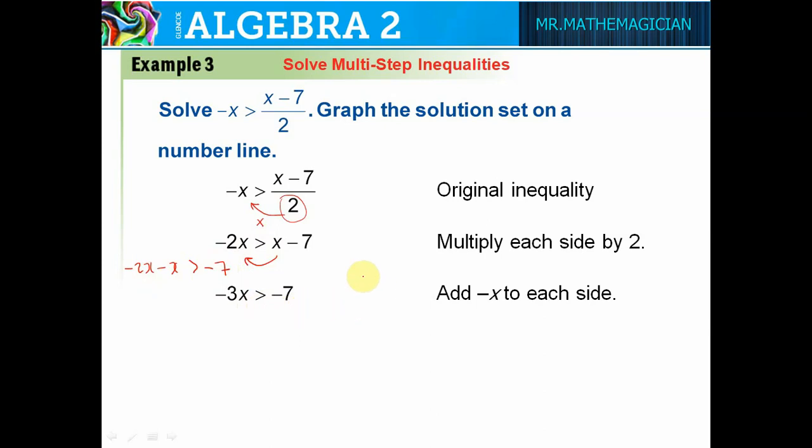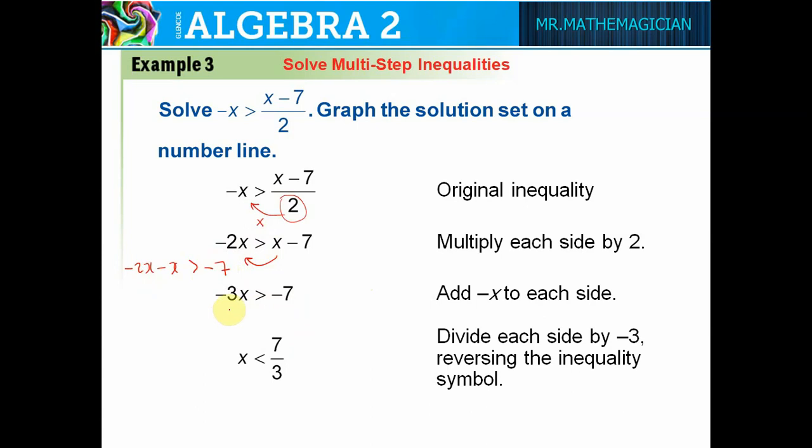Now we need to divide both sides by negative 3. So if we divide here by negative 3 and negative 3, this negative will disappear and the direction of the inequality changes, as you can see. And negative 7 over negative 3 is positive 7 over 3, because negative divided by negative is positive.